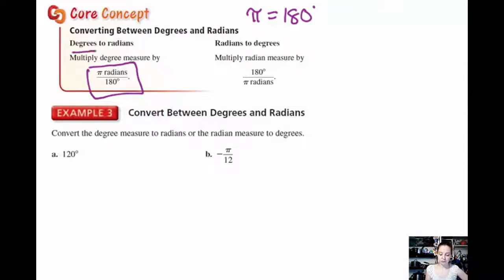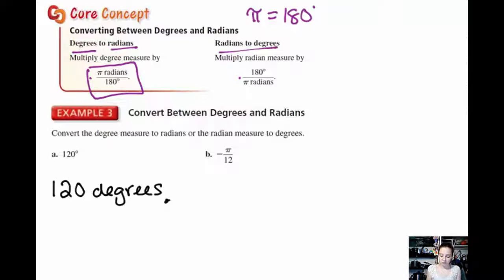When you're going from degrees to radians, you multiply by pi over 180, and radians to degrees, you multiply by 180 over pi. And you'll see why in example 3. In A, we are given an angle in degrees, 120 degrees.